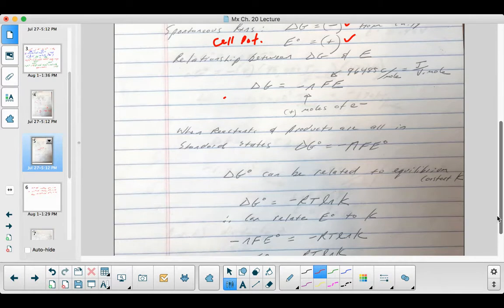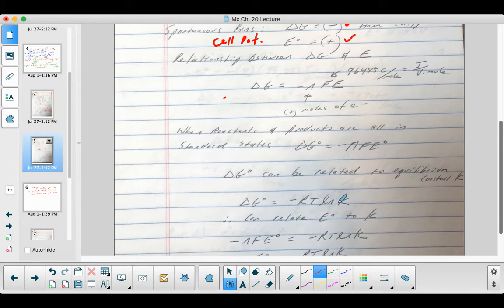So we know that delta G can be related to the equilibrium constant, and if delta G can be related to the equilibrium constant, then E naught should also be related to the equilibrium constant. So we know that delta G naught is equal to negative RT natural logarithm of K. And when we say K, we're talking about the equilibrium constant that we studied in chapter 15.